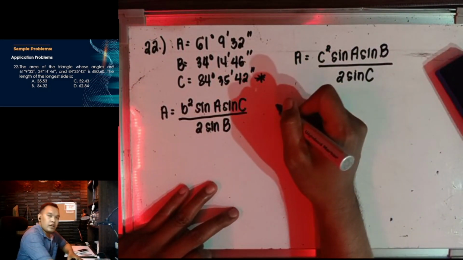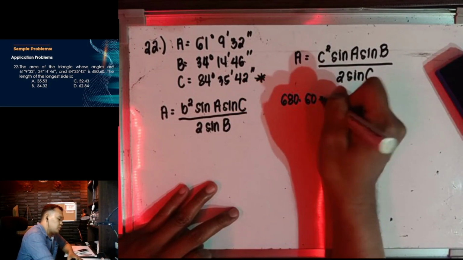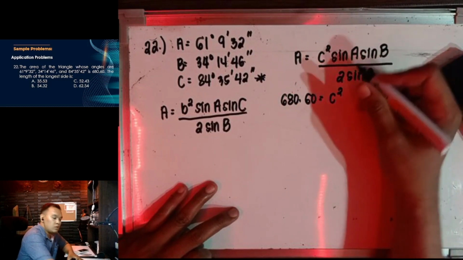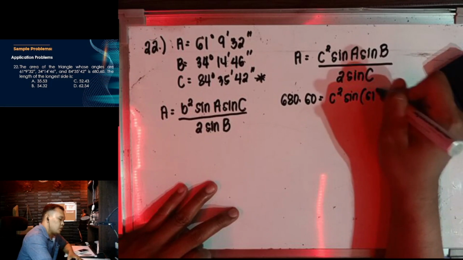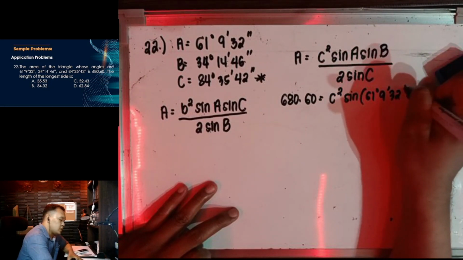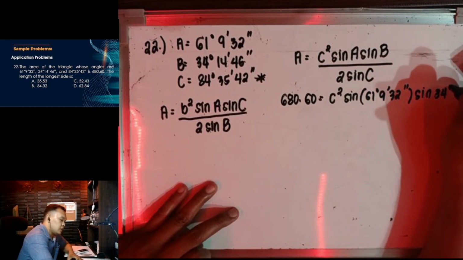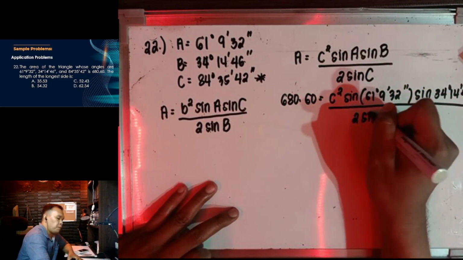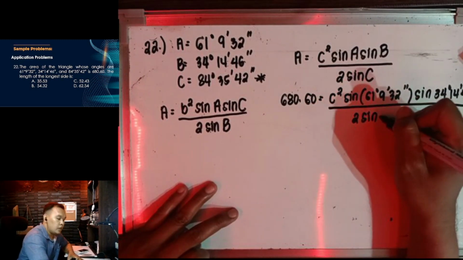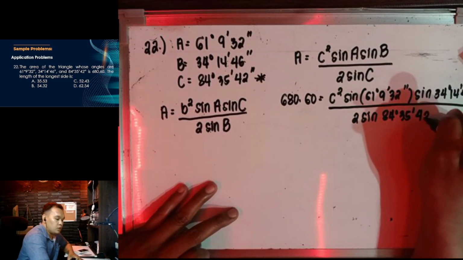We all know that area is equivalent to 680.60, which is equivalent to C squared, which is unknown, what we need to find, sine A, which is equivalent to 61 degrees 9 minutes and 32 seconds. Then sine B is equivalent to 34 degrees 14 minutes and 46 seconds all over 2 sine C, which is equivalent to 84 degrees 35 minutes and 42 seconds.